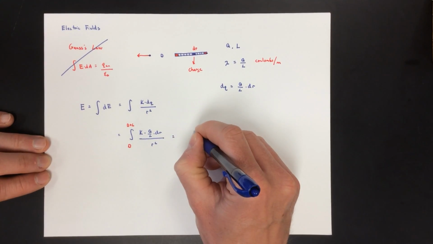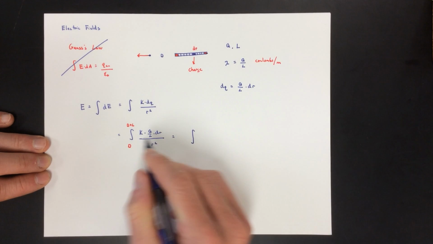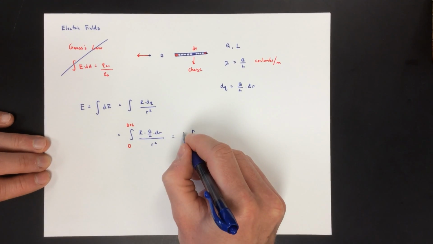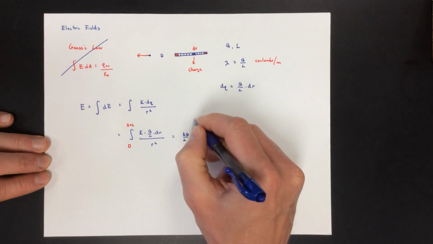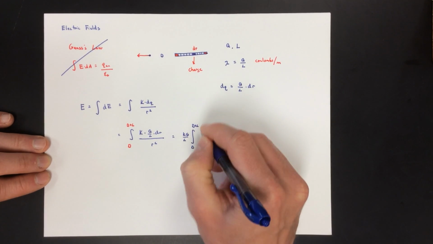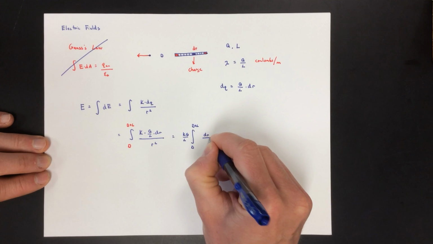I'm not going to do the integral yet, I'm just going to factor out the k, the Q, and the L, because those are all constants. So it's kQ over L, integrating from d to d plus L of dr over r squared.